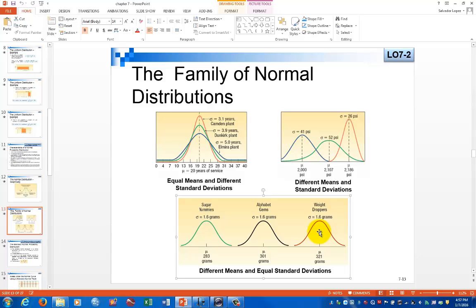So there is a family, as it says here on the slide, of normal distributions. In fact, you can argue there is an infinite family of normal distributions. There are all kinds of normal distributions because there are so many combinations of means and standard deviations. And that is the end of section 2.